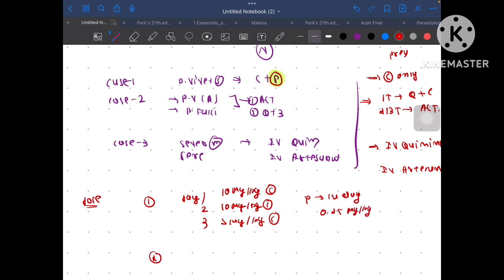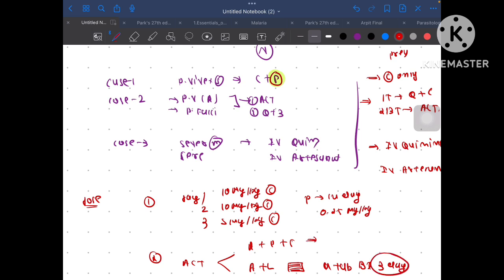In case 2, there is artemisinin combination therapy. There are two therapies. One is artesunate plus sulfadoxine-pyrimethamine, or if the case is from northeastern India, then we use artemether plus lumefantrine. This is a fixed dose combination, 4 tablets given BD for 3 days.